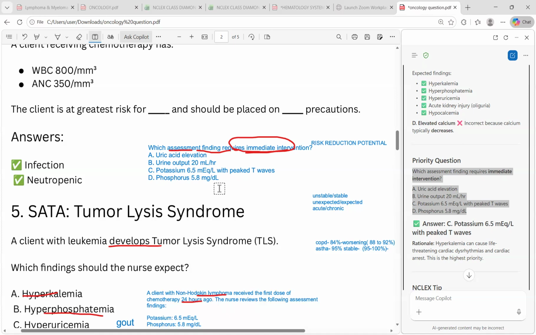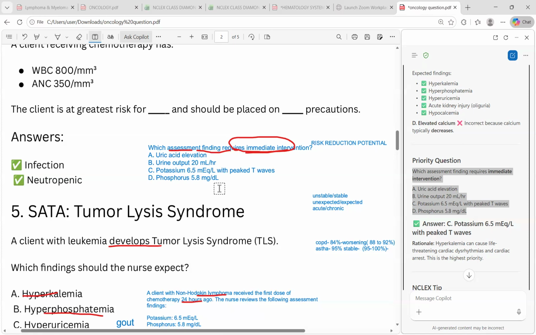Why? Because the chemotherapeutic drug will act on the tumor and destroy it. We know a tumor is an abnormal growth of cells. So when the chemotherapeutic drug acts on the tumor, it breaks down, and the cellular components are released into the bloodstream.